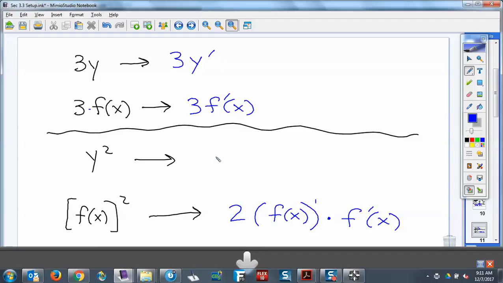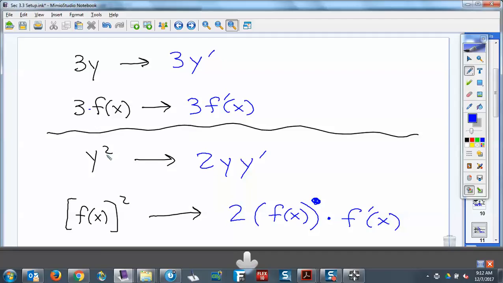So what's the derivative of y squared, do you suppose? 2y times y prime. This is a 1, right? So doesn't it have to be the same as this? These two are the same thing. Y squared and f of x squared are the same thing. They're the output. This is 2y, y prime.